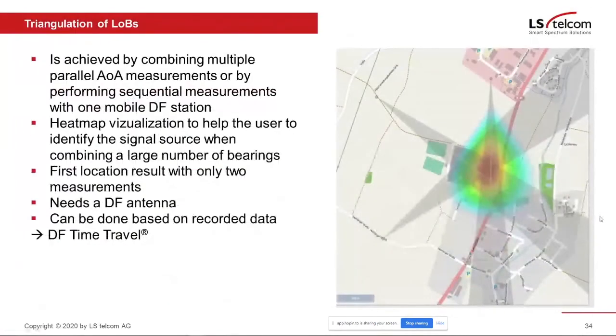Okay, then as the last highlight feature, I want to show you how to locate emissions with LS Observer. The first option you have is to do direction finding. So with our direction finding antenna system, which is bigger than an omni antenna, but with this you can calculate a line of bearing. So with one antenna, you can calculate this line of bearing, which is illustrated here.